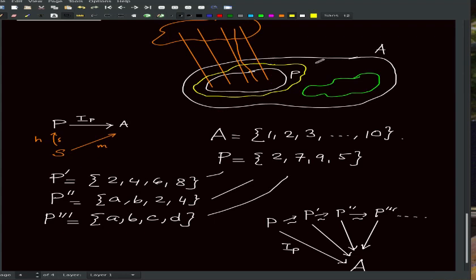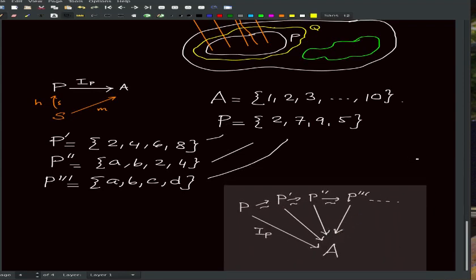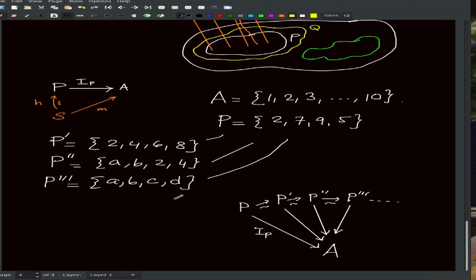If you wanted to take another subset Q, so you mean to say that Q is bigger than P. Therefore, for that Q, you are going to have a similar picture, right? You are going to have a similar whole list of things. So let me try and draw a few. So you have a Q, similarly you have a Q prime, Q double prime, and so on.